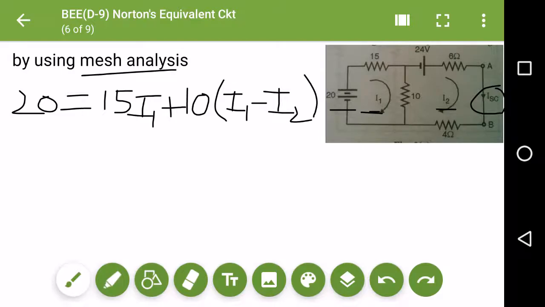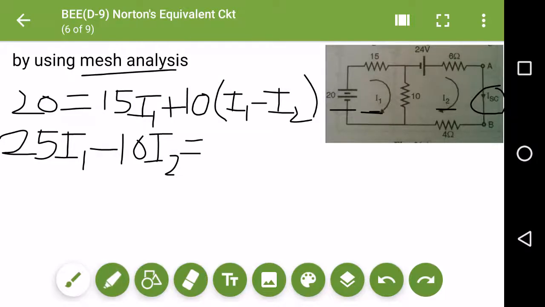So this is my first equation, and by solving this I will get 25 I1 minus 10 I2 equals 20.